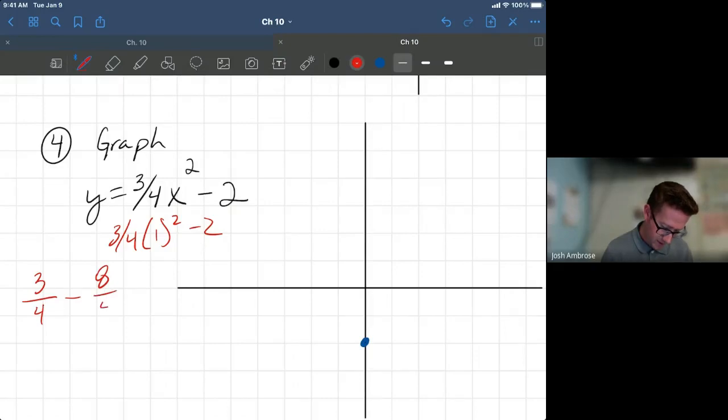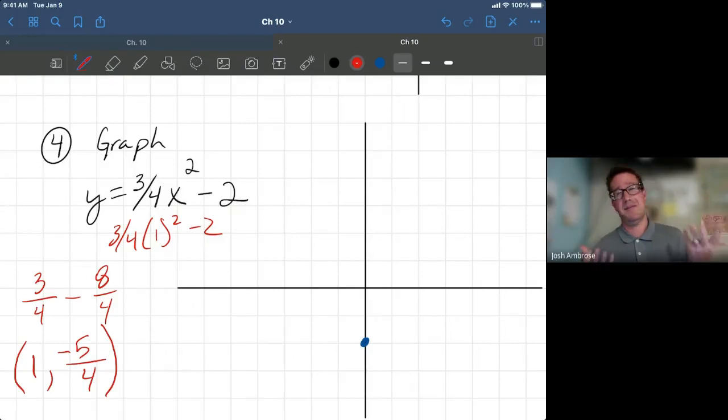So this is our real fraction now. 3 minus 8 giving us negative 5/4. And then what did we do? We plugged in a 1. So 1 comma negative 5/4. This is a bit of an estimate, all right? 5 over 4 means it's a little bigger than 1. Okay, so a negative 5 over 4 means it's a little bigger than negative 1. So let's graph this. We're going to have a 1, and then we're going to go down a little bit more than 1, right there.